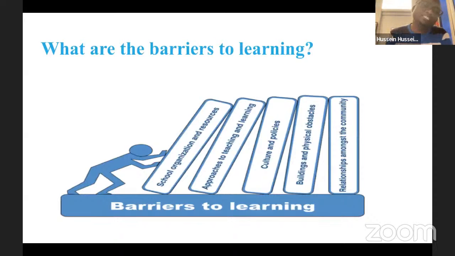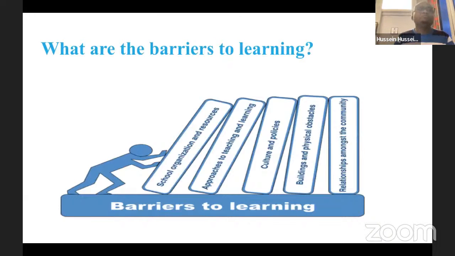But also culture and the policies. You know, sometimes in African countries or in any areas, we face some kind of challenges due to the culture we have, or due to the policies we have. You may find most of the policies in our continent are paperwork, not practical.